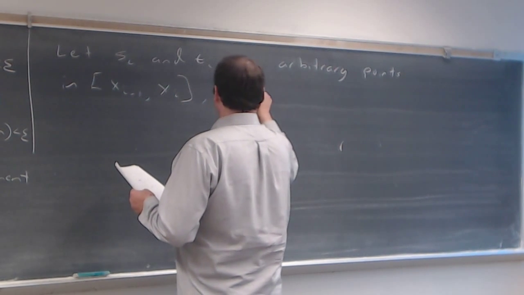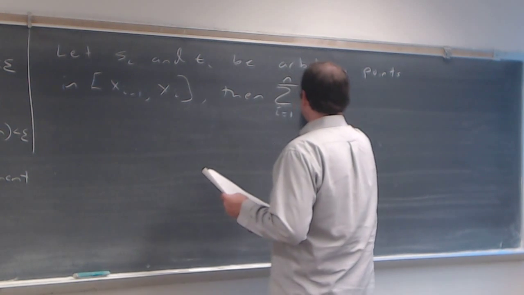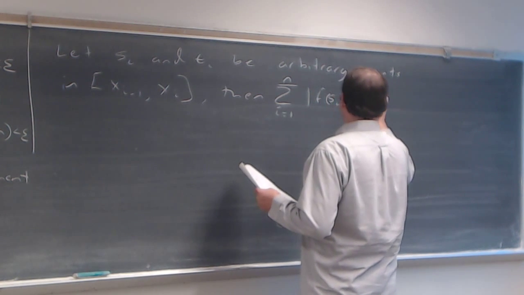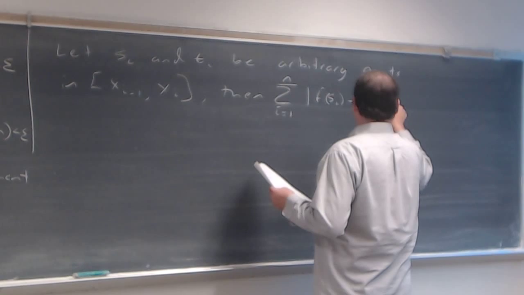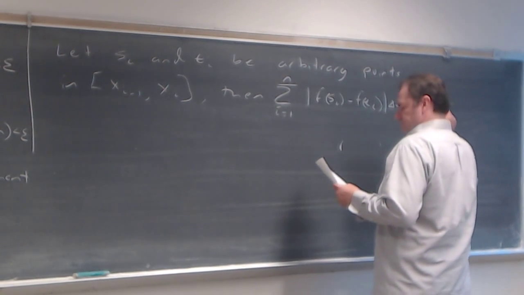Then the sum as i runs from 1 to n of the absolute value of f of s sub i minus f of t sub i times delta alpha sub i will be less than epsilon.